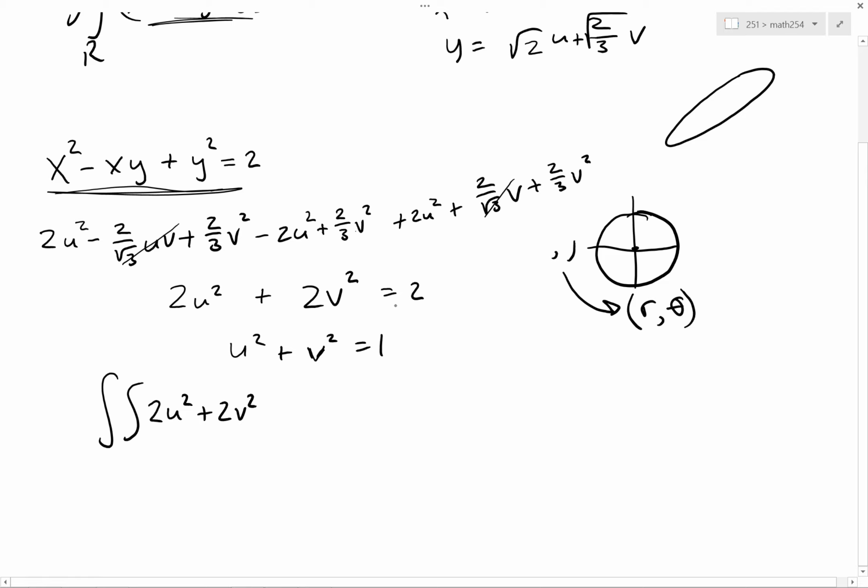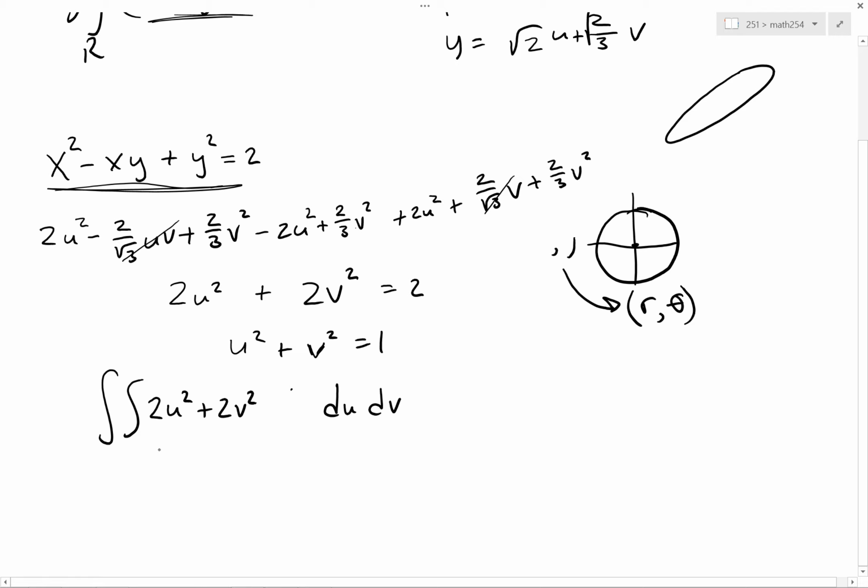Remember, you can't get rid of it. Here it was equal to 2, so I was able to simplify it. Got to leave it like this time. Got a little du, a little dv out here. We'll figure out what goes here in just a minute.